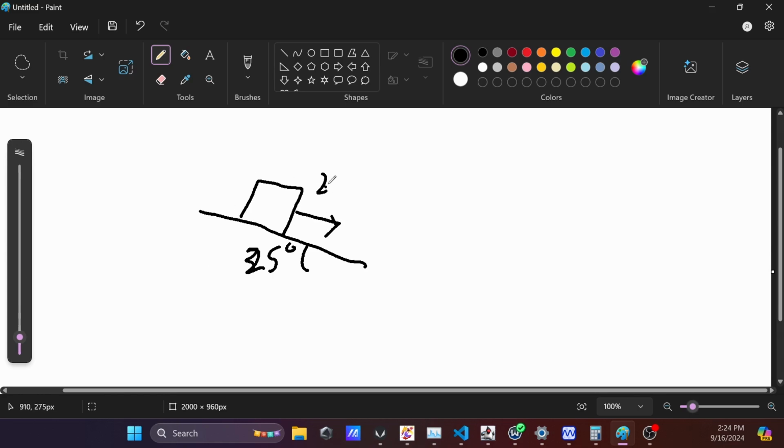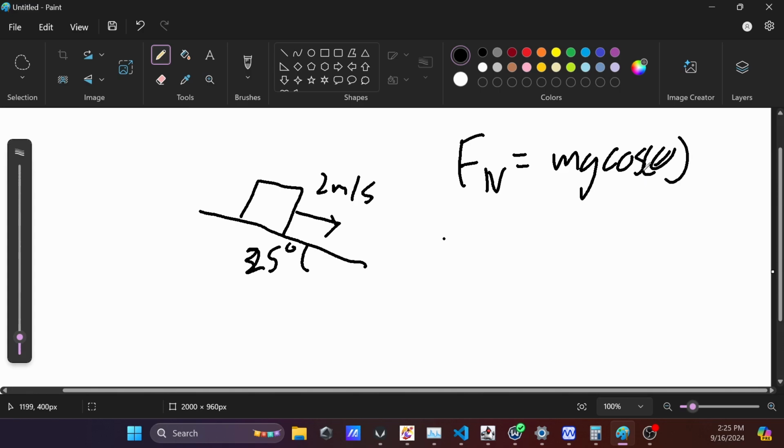So friction: Fn equals mg cosine theta, and Fr equals mu Fn, which is mu mg cosine theta.